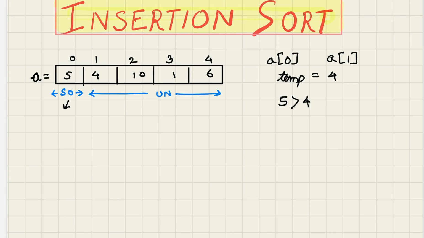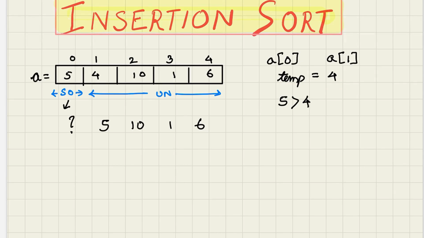So, I will be shifting this particular 5 one place to the right. The rest remains 10, 1 and 6. And I have stored my 4 in my temporary location. So now this place is vacant.